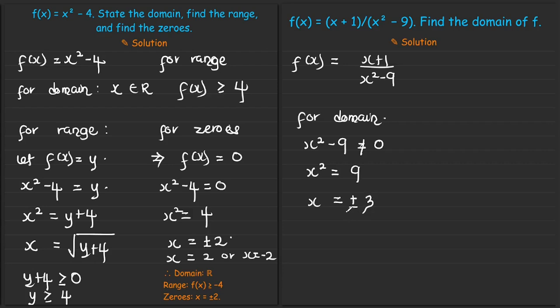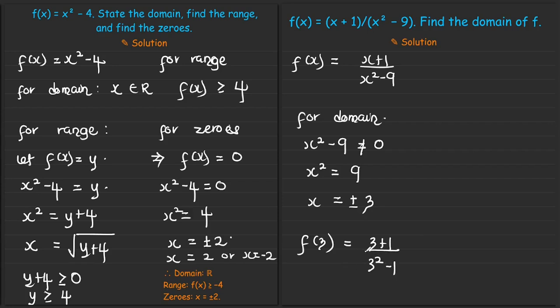That is to say that if we have to find f of 3, we know it is going to be 3 plus 1 all over 3 squared minus 9. This would have given us 4, but it's 4 over 0, which is undefined.